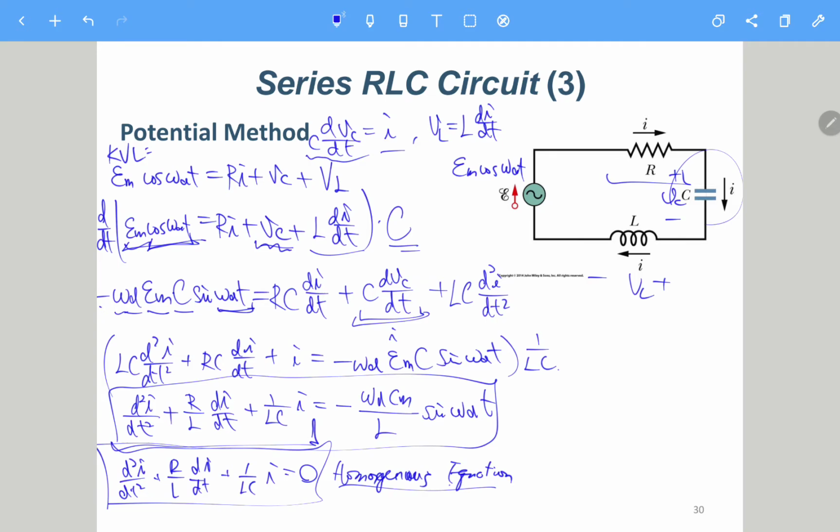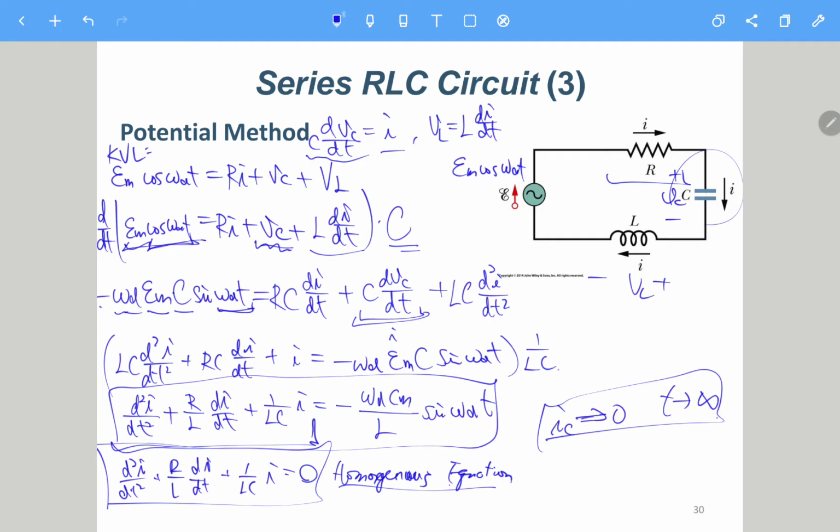Actually, for this case, we don't consider the homogeneous solution or the complementary solution, because I_C will tend to 0 as t tends to infinity.